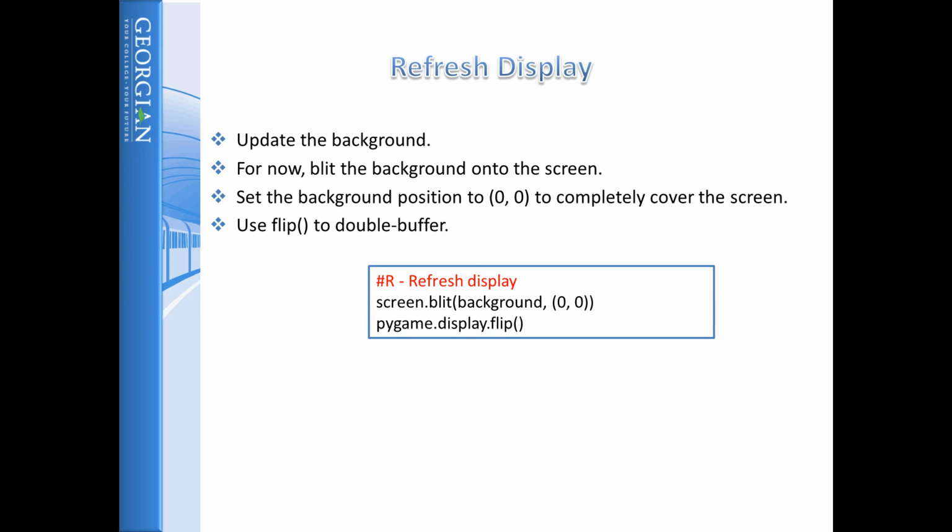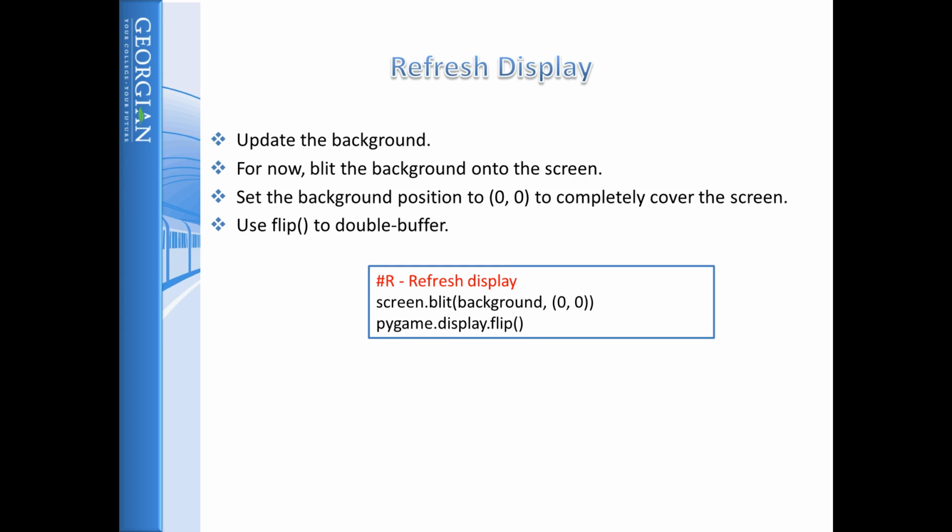Here's where we're going to refresh the display, and I want to talk about this blit function a little bit more in detail as we move forward. But really what the blit does is it just shoves everything onto the screen. It actually displays the image, right? When we flip the image, we're using double buffering to help us manage any movement across the screen. We need both of those methods, both the blit, and screen is what we're blitting. So we're actually blitting the background on our top level window.